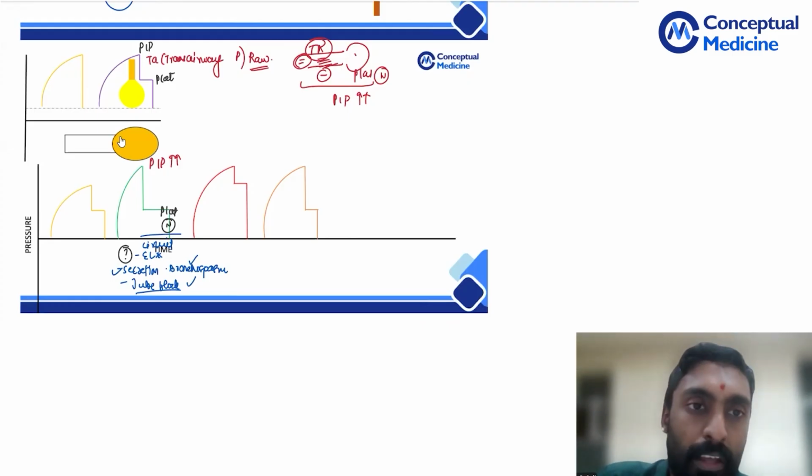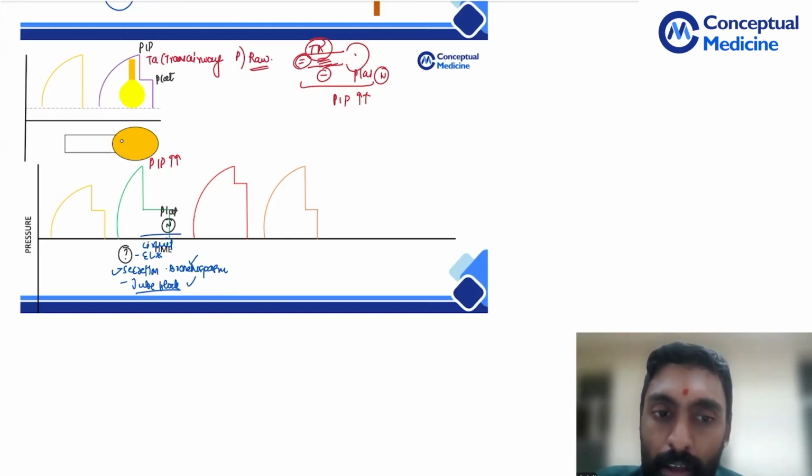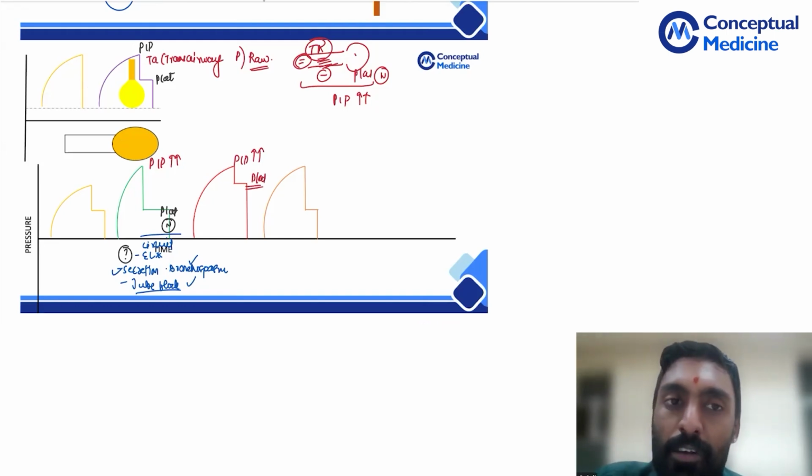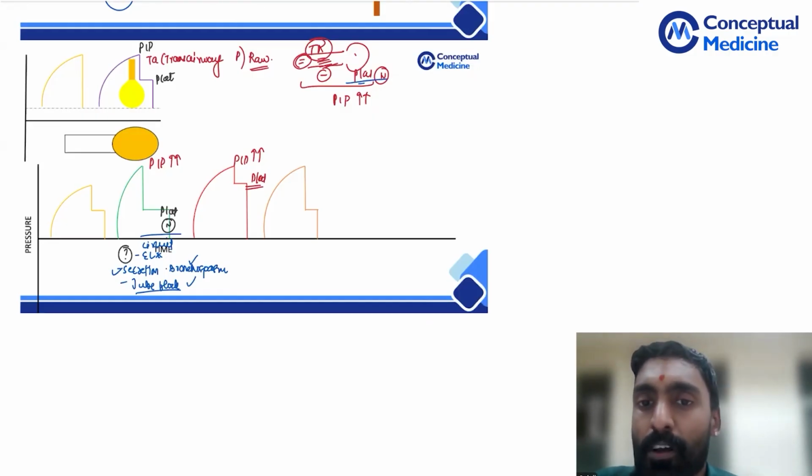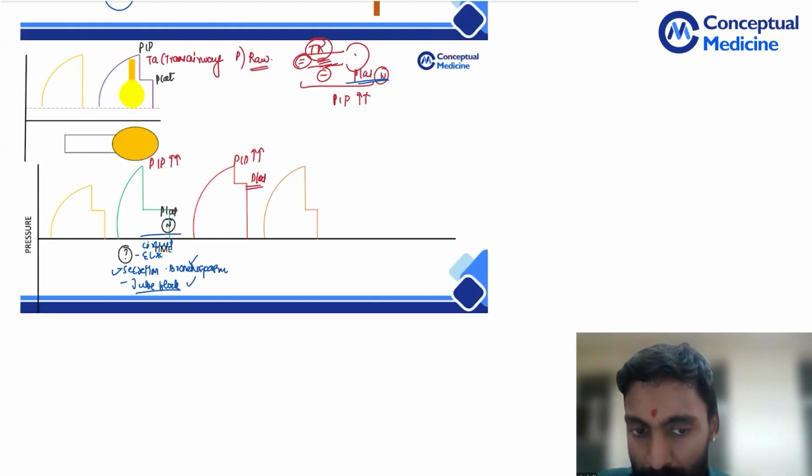This is done. Next, peak pressure is high, plateau is also high. What can this say? It is going to say your total pressure is high and your plateau is also high. This is because of a compliance issue.